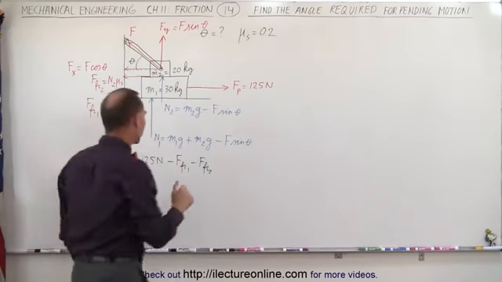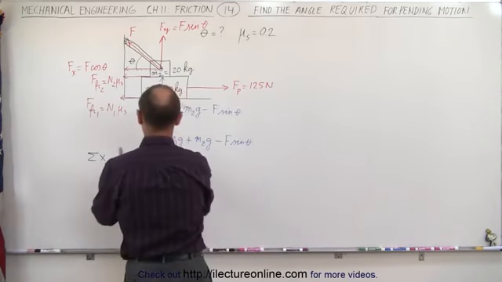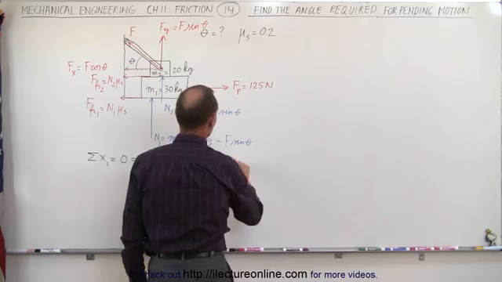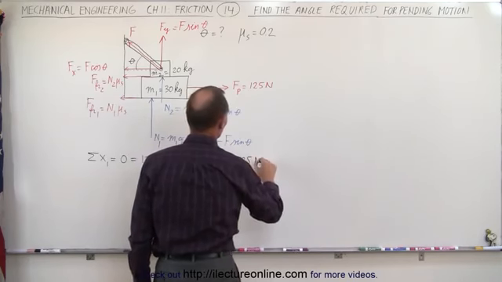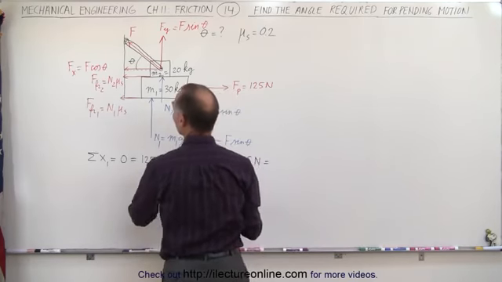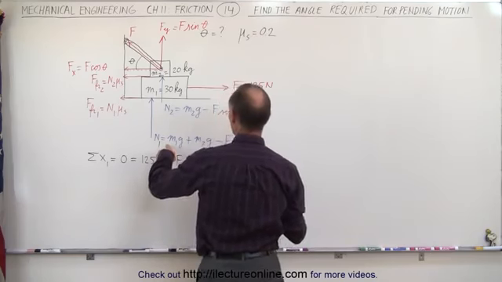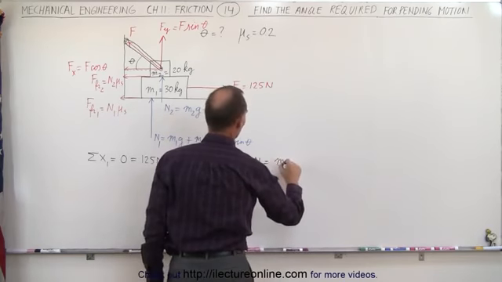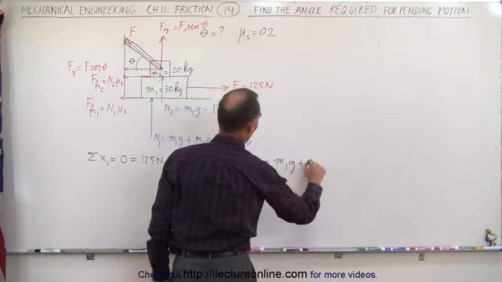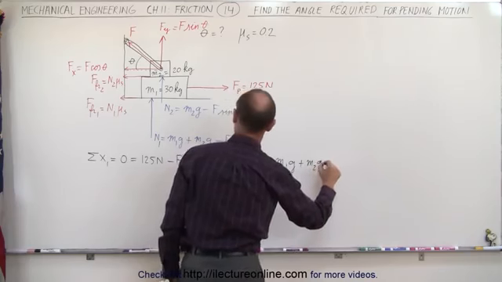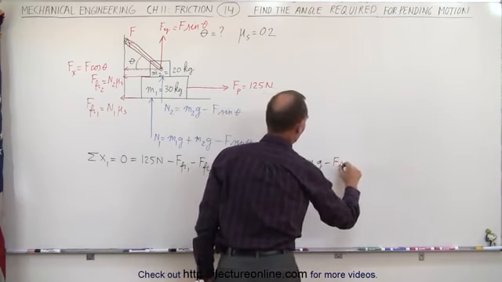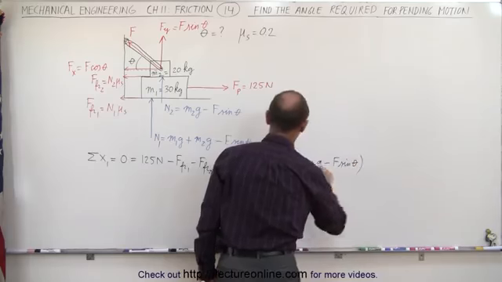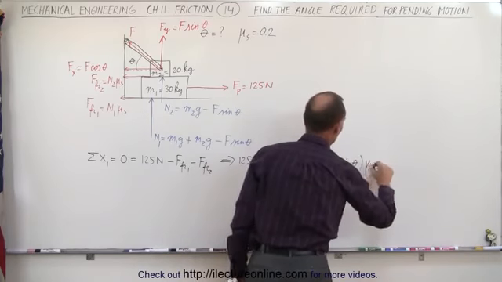Plugging in what those are equal to, we can then maybe put 125 on the other side. So we can say that 125 newtons is equal to force friction 1, which is N1 times mu sub s. That would be M1g plus M2g minus F sine of theta, the whole thing multiplied times mu sub s.